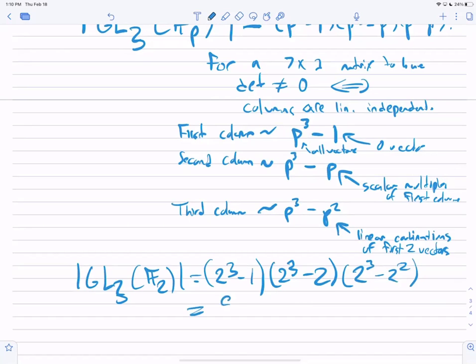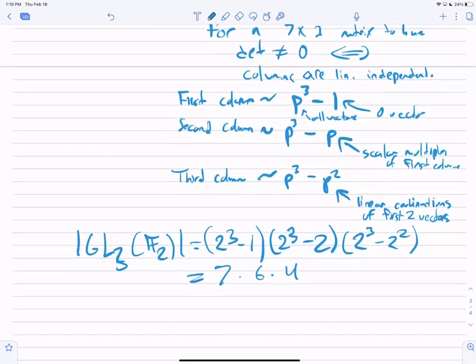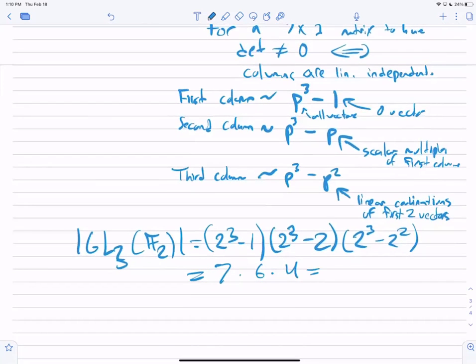So that's 7, 8 minus 1 is 7, good, times 6 times 4. So that's equal to 2 cubed times 3 times 7, which is 168. Okay, so that's the size of the simple group we're constructing. So we're constructing a simple group of order 168.